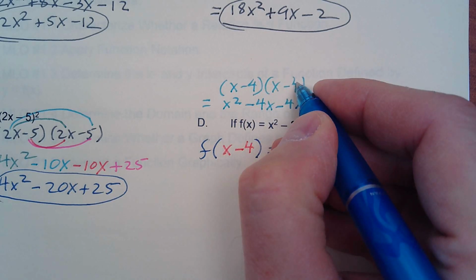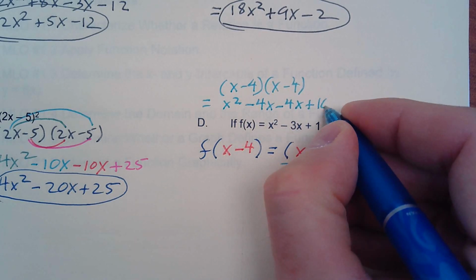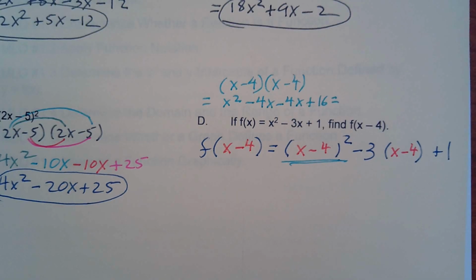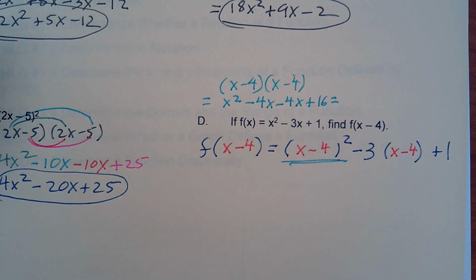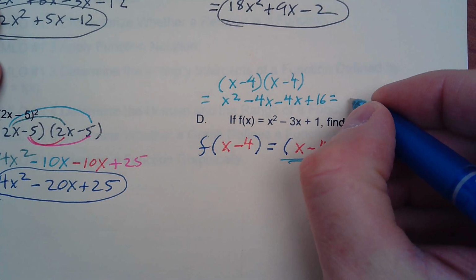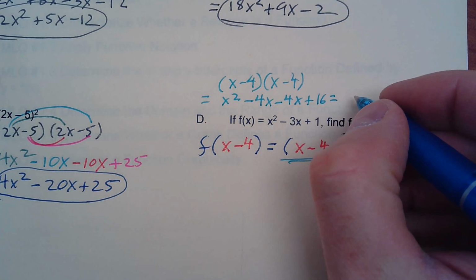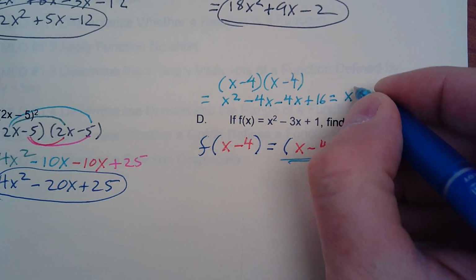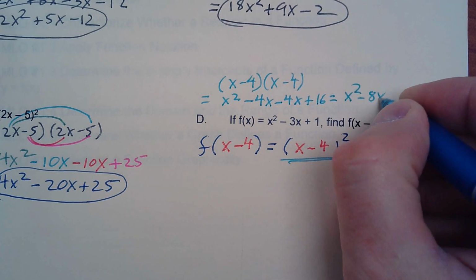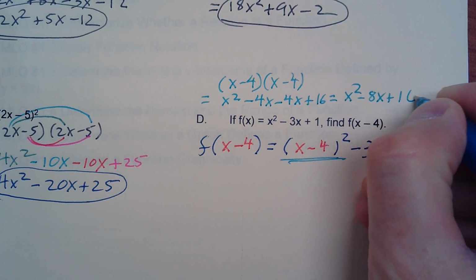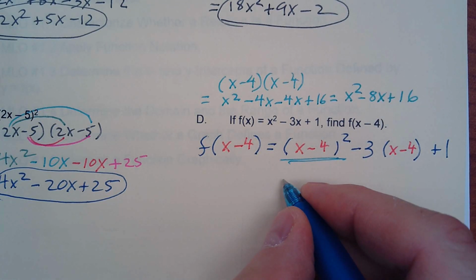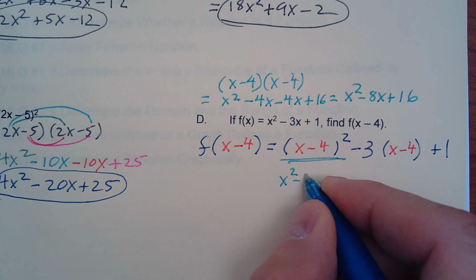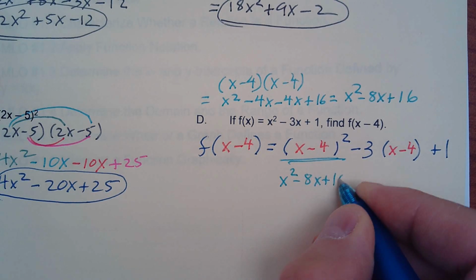Negative 4 times a negative 4 would be positive 16. If I add those two negative 4x's together, that would give me a negative 8x. So this part becomes x squared minus 8x plus 16.